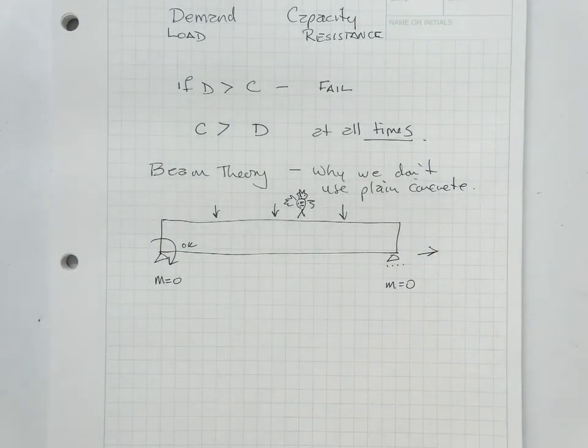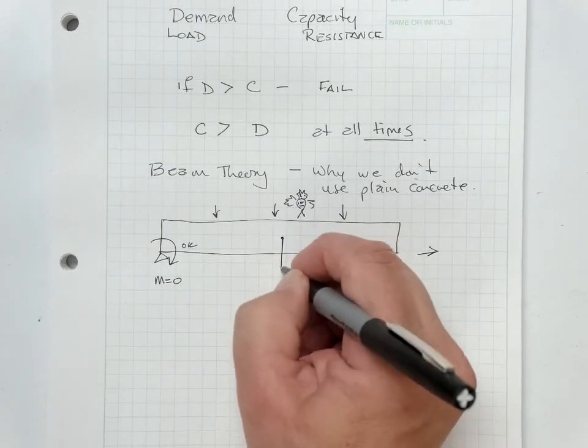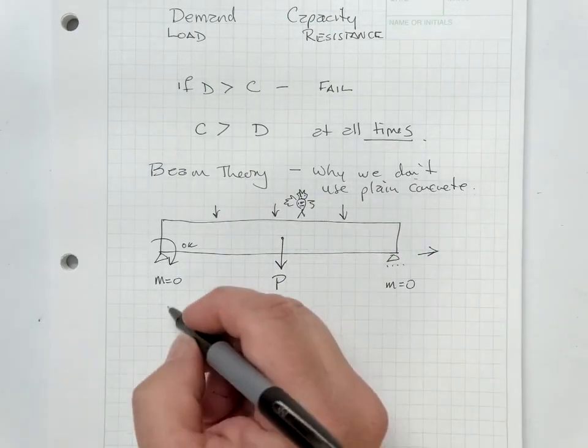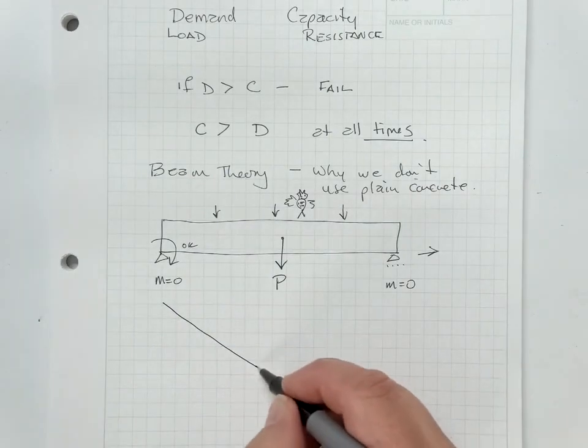For most of the semester, we're going to be looking at simply supported beams, because simply supported beams are easier to understand. If I load this with a load of P in the center, then I get a moment diagram that looks like this.